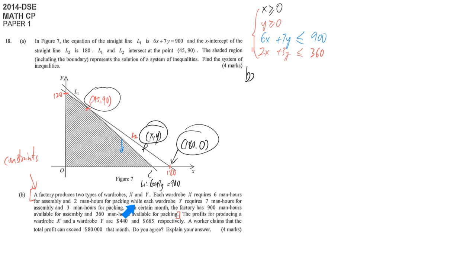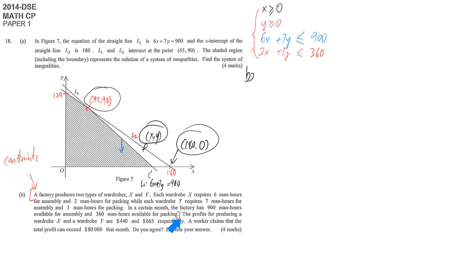That means there are some limitations for us to choose the number of units to produce in X and Y. We can choose the combination of X, Y only within this certain region.